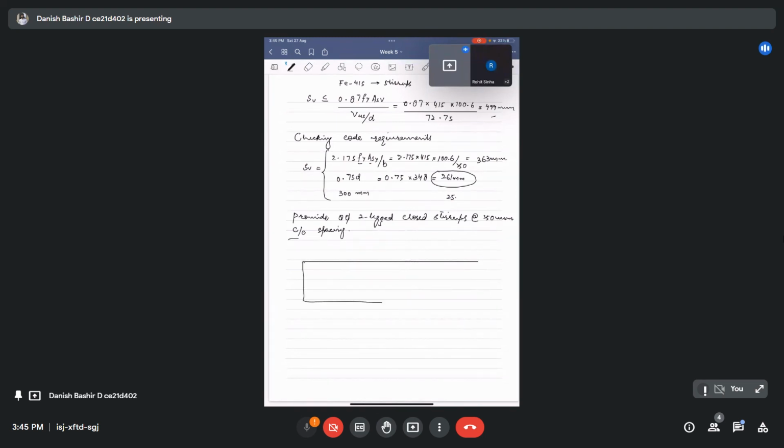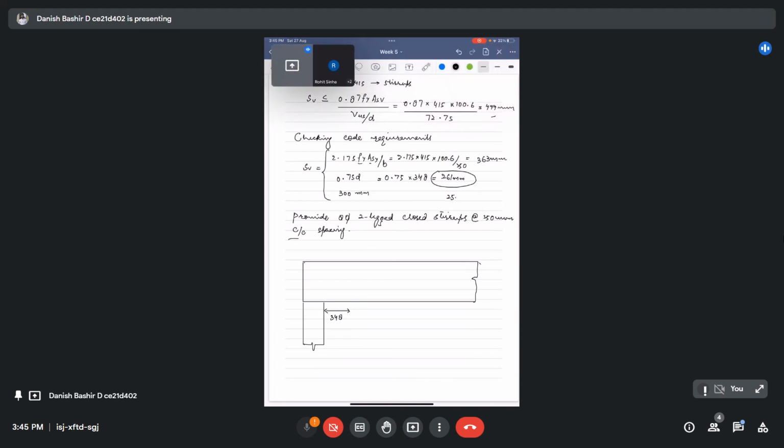This was our beam section, and it was supported on this side like this one. It is some column or something coming at this time. This distance was our 348, and this longitudinal reinforcement coming.